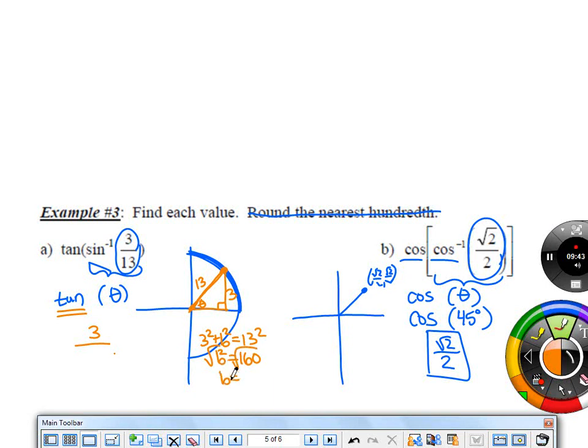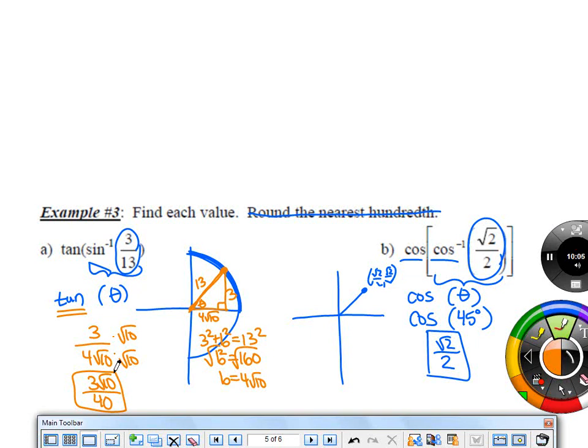And I'm going to get that the third side of this triangle is equal to 4 rad 10. So this would be my tangent of that angle, and we would probably see it rationalized. So this would be 3 rad 10 over 40.